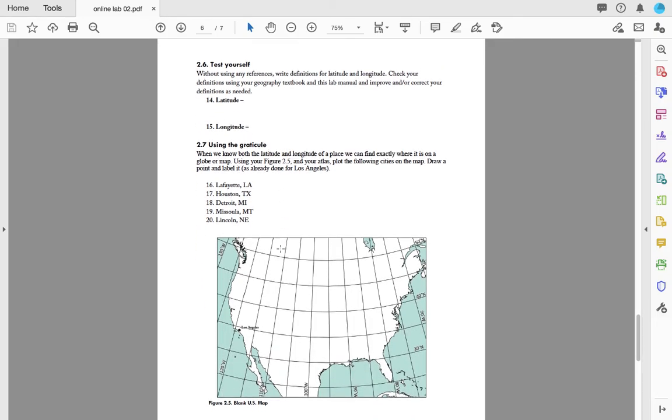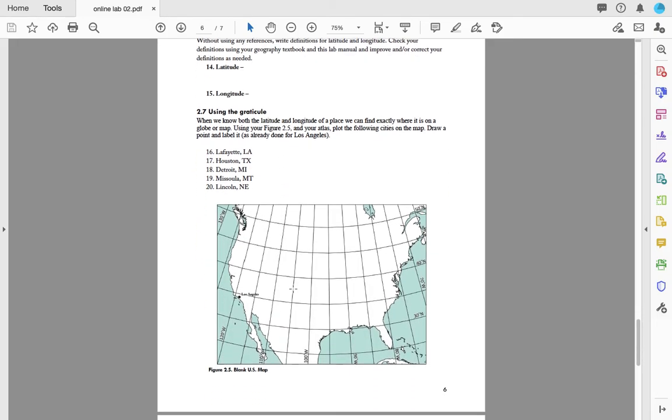Okay? All right. Now down here, you have this map of North America-ish, mainly the US is what we're looking at. And I've got drawn on here these lines of latitude and lines of longitude. And then I've listed here 5 US cities.